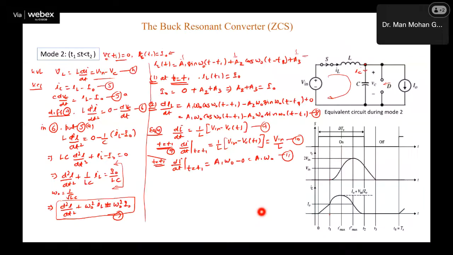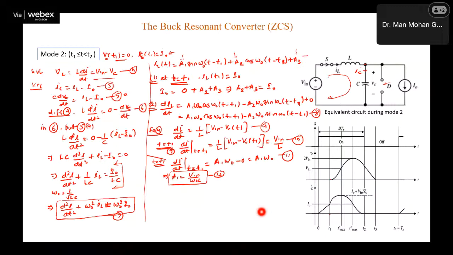So this equation 10 and equation 11, both should be same, because one is coming from this assumed solution, another is coming from fundamentals. Both should be same. So if both are same, then I can equate this equation. And if I equate, then what I get? A1 equal to V in upon omega naught L. This is what I get, A1. Okay, A1 is V in upon omega naught L. Equation 12, let's say.